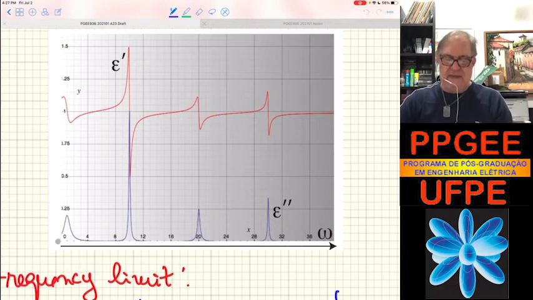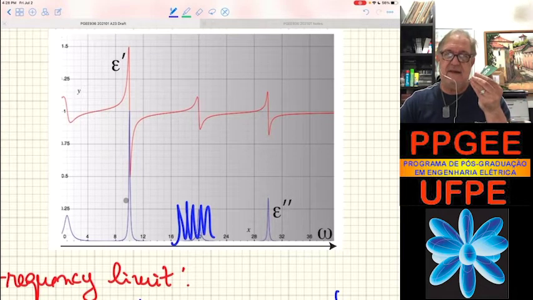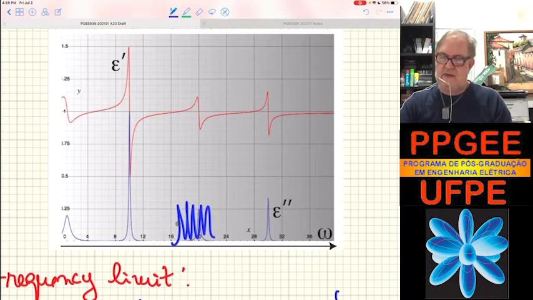And also, you see those absorption bands or absorption lines. You might have several absorptions together like this, with regions of high absorption. I'm talking about absorption because we know that the imaginary part is related to the damping, the viscous force, and damping means loss. So this means higher absorption.